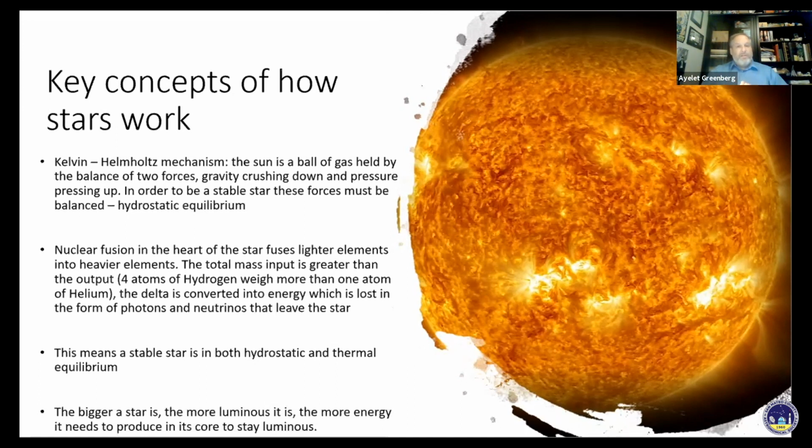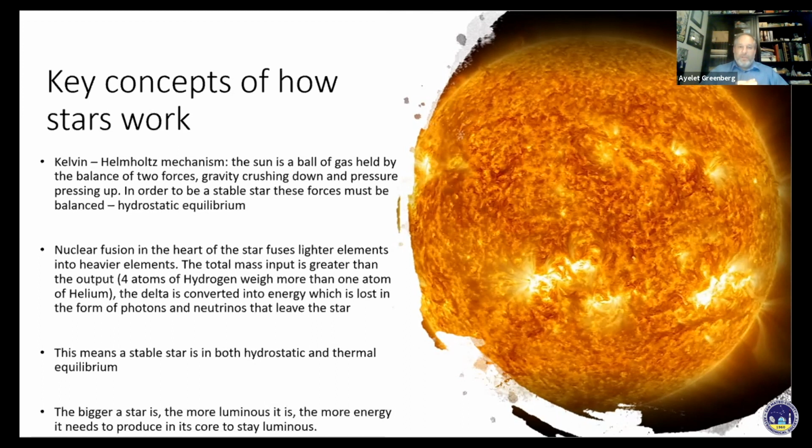So the bottom line is, to be a stable star, you need to be in both hydrostatic equilibrium, the balance between pressure pulling out and gravity pulling in, and thermal equilibrium, that the amount of energy you're producing is equal to the amount of energy that you're losing as a star by shining away through your luminosity.